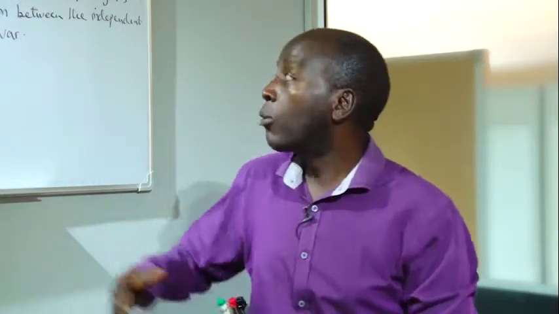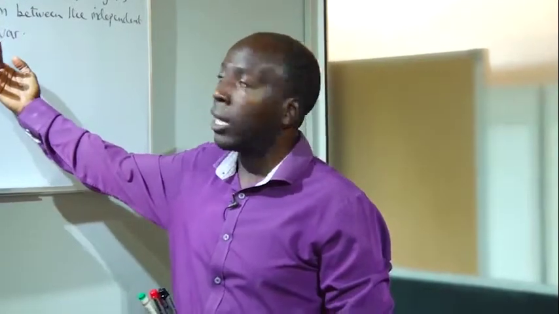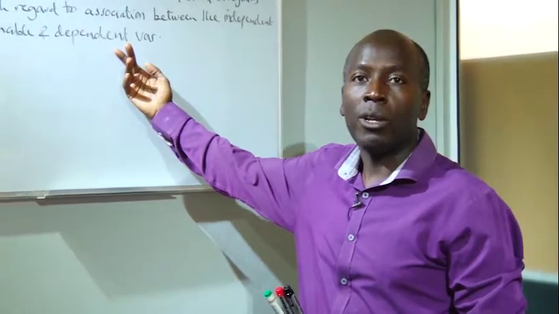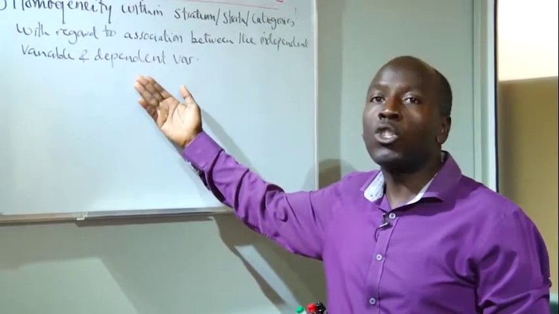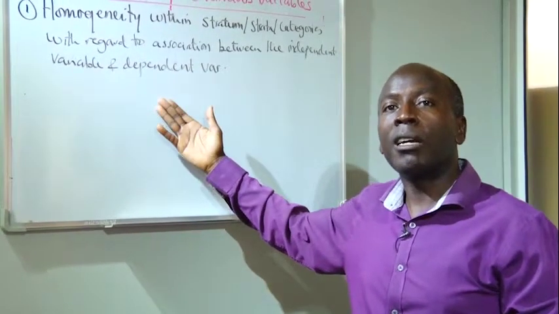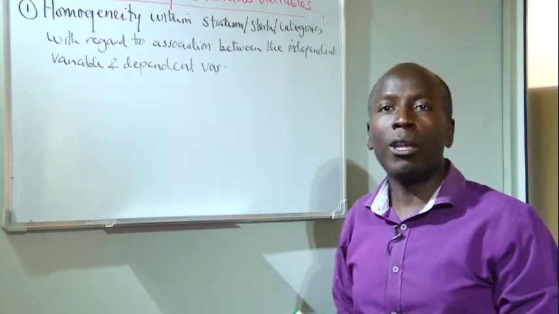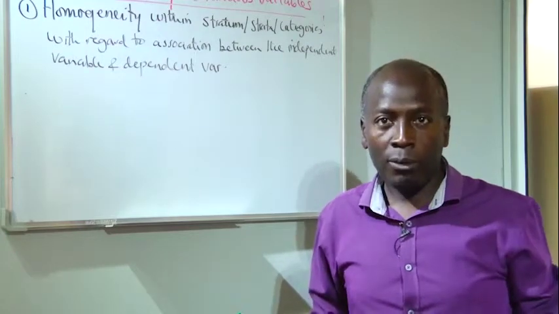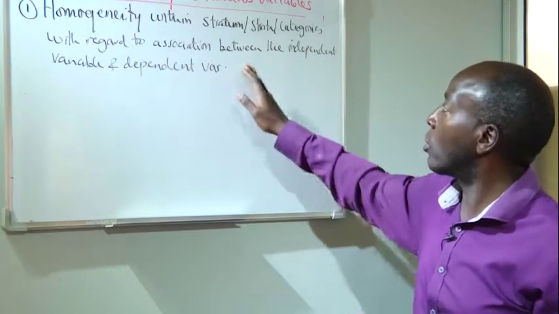Therefore, I can lump them together rather than having each age group alone. But otherwise, if the 14-year-olds completely differ from the 13-year-olds with regard to use of modern contraception as a dependent variable, then it is not logical to combine 13 years and 14 years in one category because they differ with regard to the association.